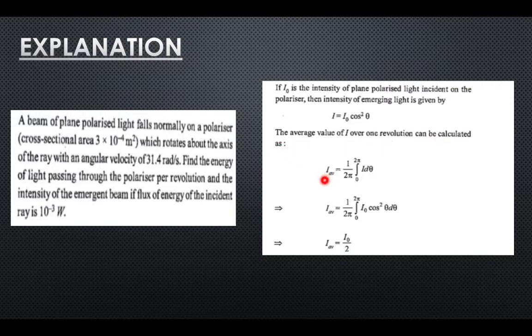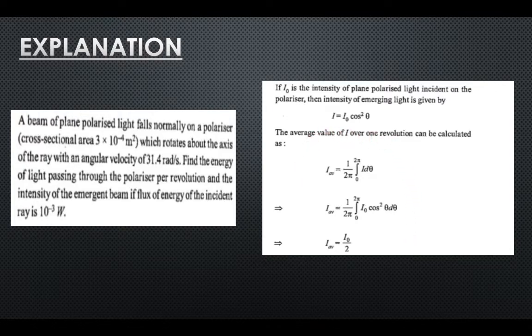So I average is written as 1 upon 2 pi integration of I d theta from 0 to 2 pi, and further substituting I with I naught cos square theta, we get I average equals 1 upon 2 pi integration from 0 to 2 pi of I naught cos square theta d theta. So this comes out to be I average equals I naught by 2. This is also a general equation which maybe you did not know, but in many questions the same procedure is followed to find the average value of I.